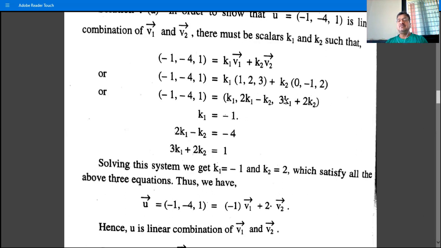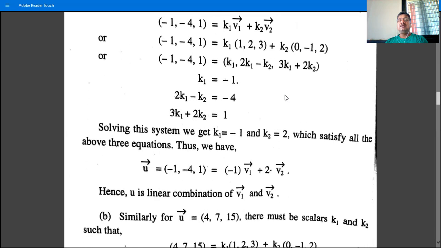We have K1 plus 0, then 2K2... actually 2K1 minus K2, and 3K1 plus 2K2. Then comparing the LHS and RHS, we have K1 is -1, 2K1 minus K2 is -4, and 3K1 plus 2K2 is equal to 1.